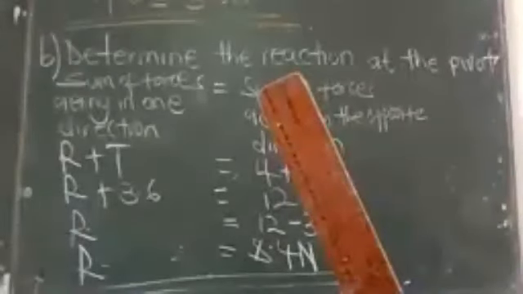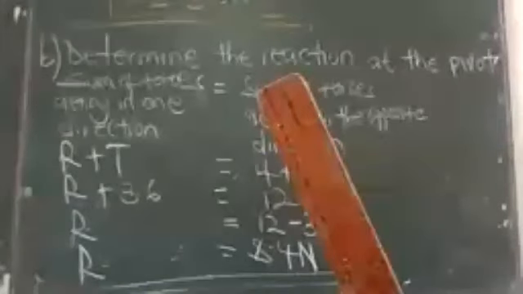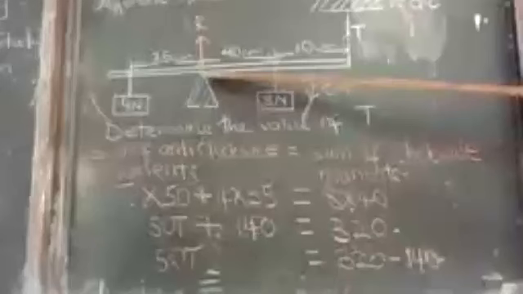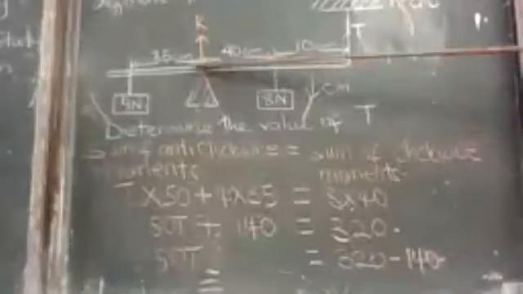Most of those reactions, when it comes to our pivots, occur at the support. That's where the support is, and therefore that's the point where we expect a reaction. So this meter ruler, or this rod, I want you to look at the diagram, is supported at 2 points. The first point is that one, and the second is the pivot, because it is exerting its weight on the pivot.